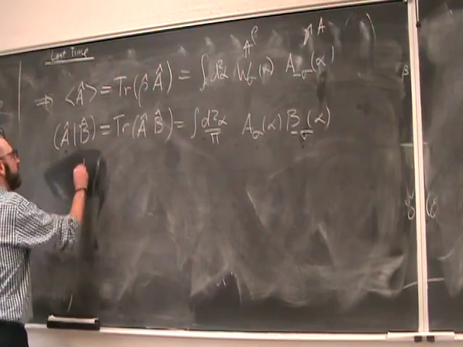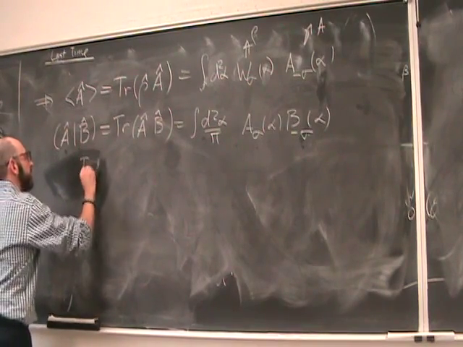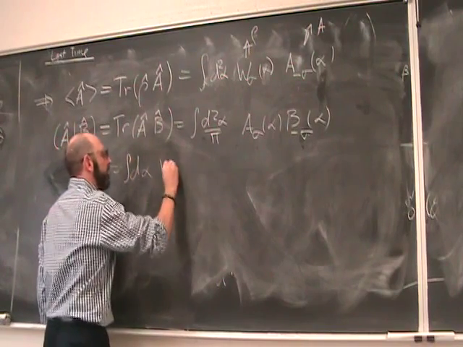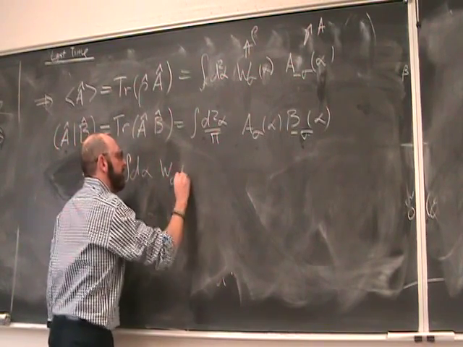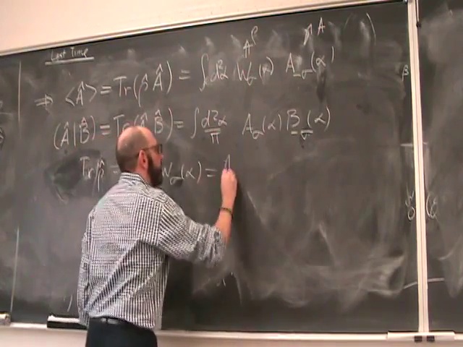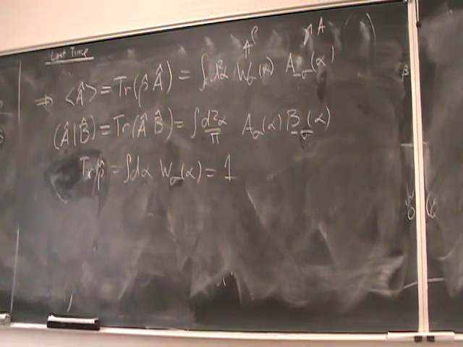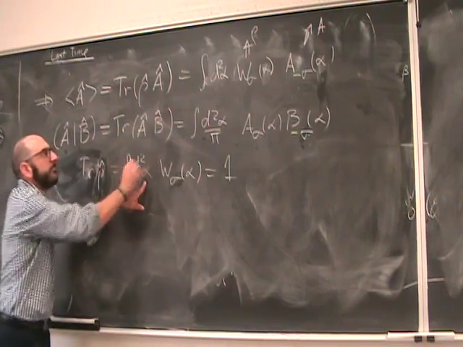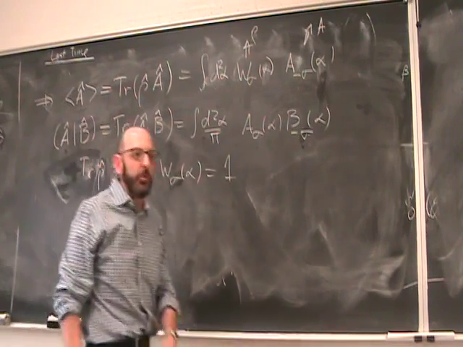What I want to say is the trace of rho, as we discussed last time, is equal to the integral over, which made this normalized in that way. That's why the pi is absorbed. Otherwise, you might have a 1 over pi here. Okay, this is defined this way.